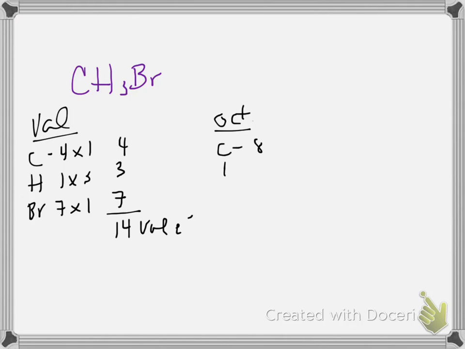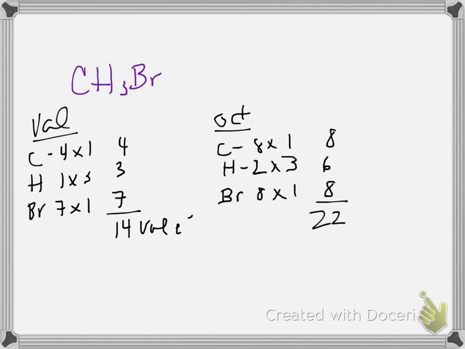Carbon wants 8, hydrogen wants 2, bromine wants 8, times 1, times 3, times 1. So 8, 6, 8, 22? Yeah. So since they want 22, but they only have 14, they're going to have to share. And 14 minus 22, or I'm sorry, 22 minus 14 is 8 shared.